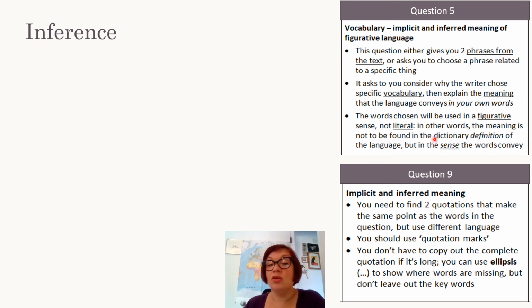The meaning is not to be found in the dictionary. When you look up the dictionary definition of the words in question 5, you might answer completely incorrectly. It's about the words in the context of the text. Okay? And then question 9, you need to find 2 quotations that make the same point as the words in the question, but use a different language. Okay?